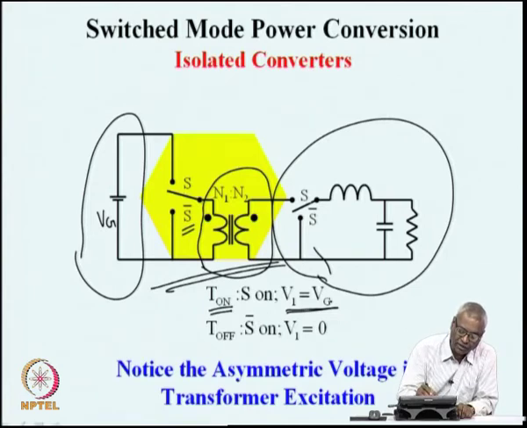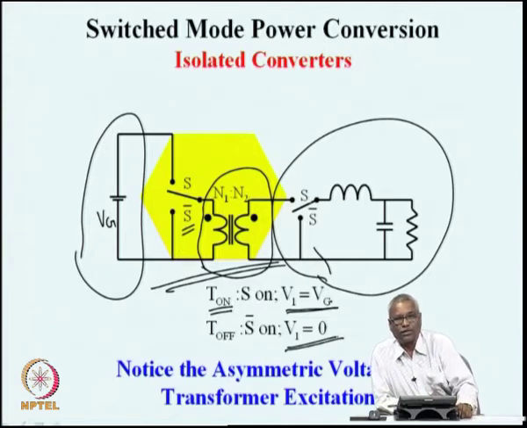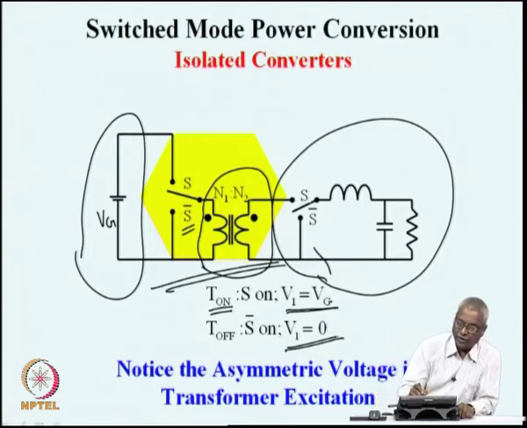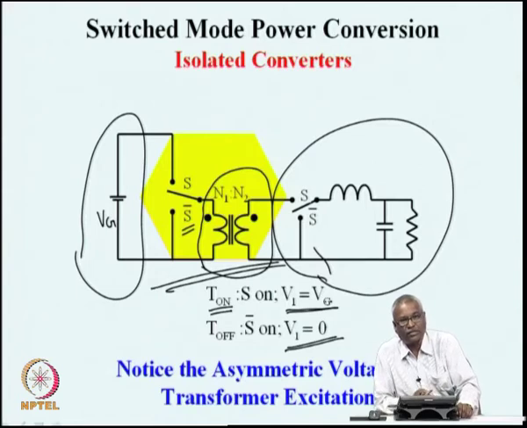During the time when the switch is connected to S bar, the transformer primary end is connected to 0, and we see that when the switch S bar is on, the voltage V1, or the primary voltage of the transformer, is 0. We are applying during a part of the cycle a positive voltage, and during the next part of the cycle a 0 voltage, and it is very obvious that over one cycle there will be a net volt-second in the circuit.